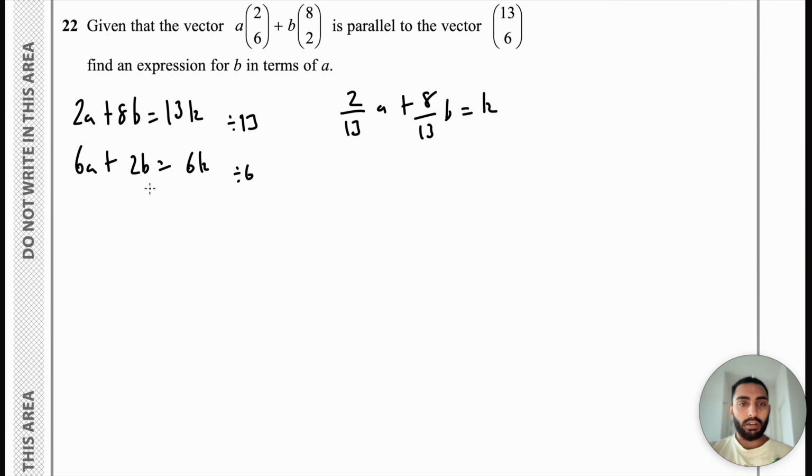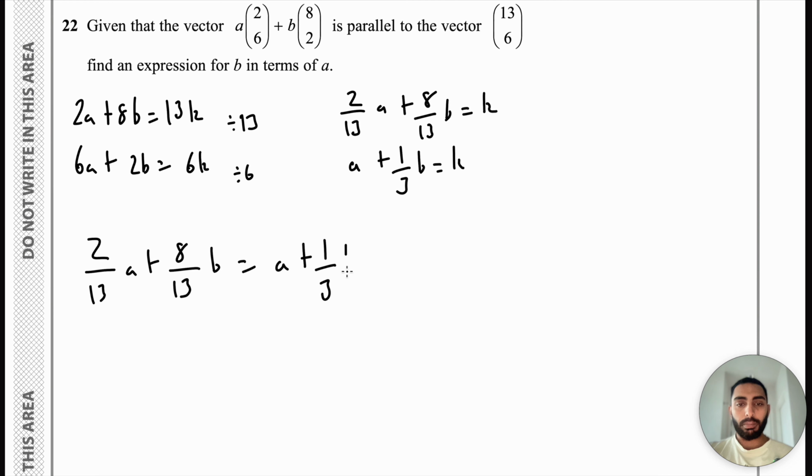For the second one, I've got 6a divided by 6, so that would be a, plus 2 over 6, so that would be 1/3 b is equal to k. And now I have these two equations, which are both equal to k. I can make this equation equal to this equation. So I've got 2 over 13 a plus 8 over 13 b equals a plus 1/3 b.